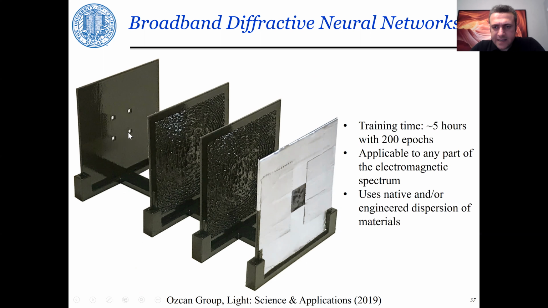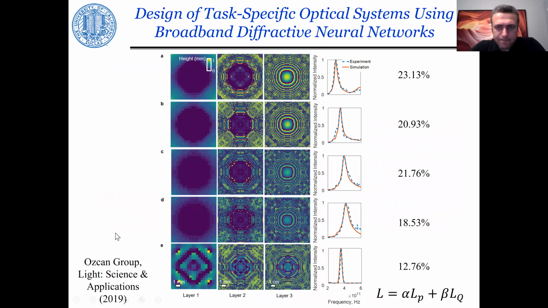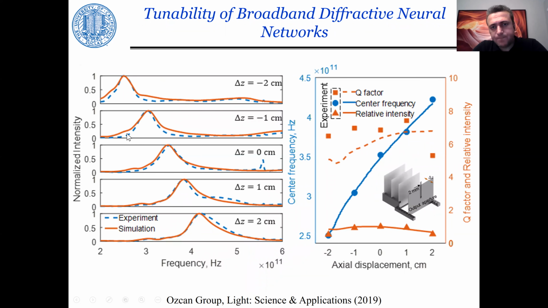So this is an example of wavelength division multiplexing at different sub-regions of the output plane. In the interest of time, I'll stop here and refer you to the recent paper that came out at the end of last year, which is describing to you the design of task-specific optical systems using basically broadband diffractive networks that can handle broadband radiation.